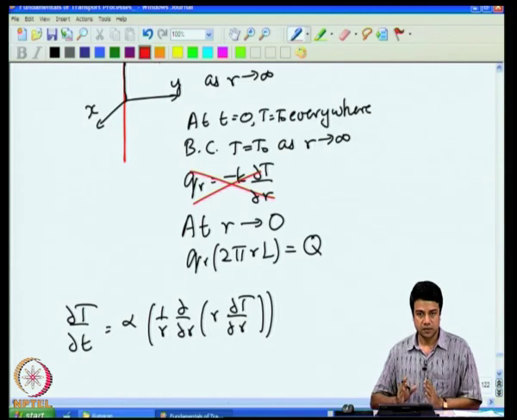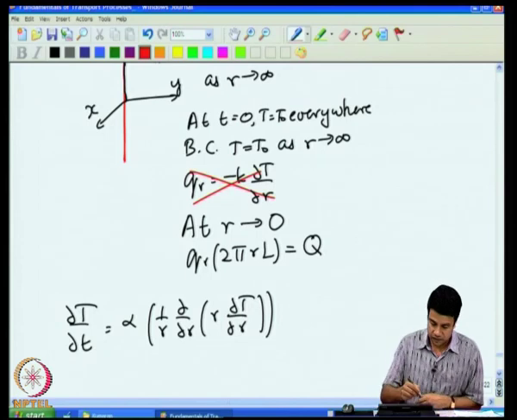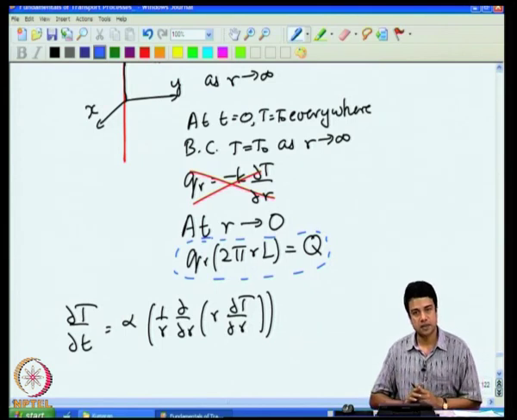So, as I approach very close to the surface of the wire, the radius decreases, the heat coming out per unit time will be finite only if QR is proportional to 1 over r in this limit. So, this kind of a boundary condition can be satisfied only if my solution of the equation is such that QR goes as 1 over r in the limit as r goes to 0.